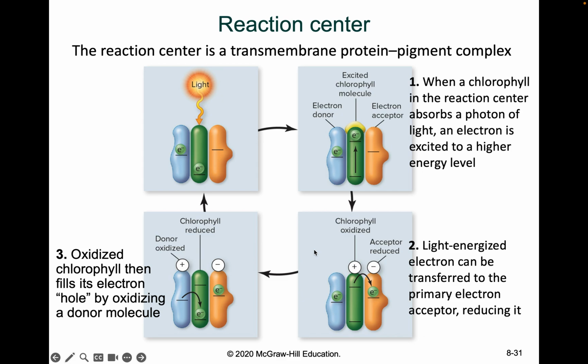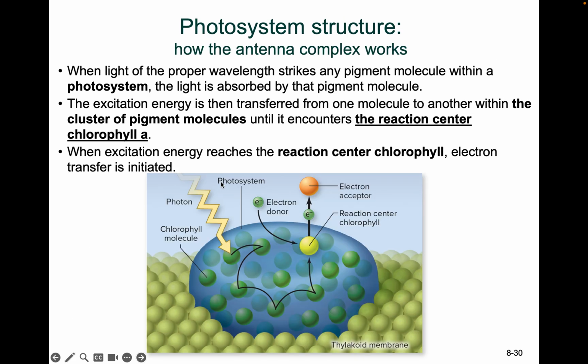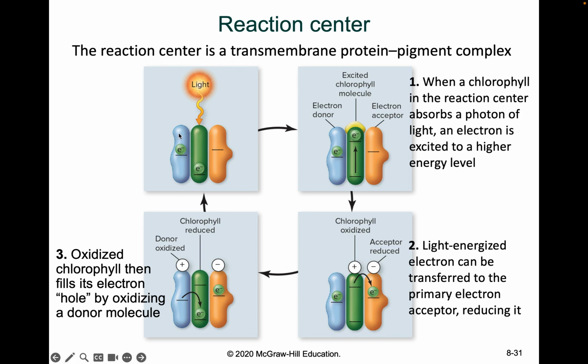So let's show this in an easier manner. The light is being taken up by the antenna, and the antenna complex is passing it on to your reaction center, which is basically over here, these three little objects. So it's passing it to this chlorophyll A, which is shown in green.